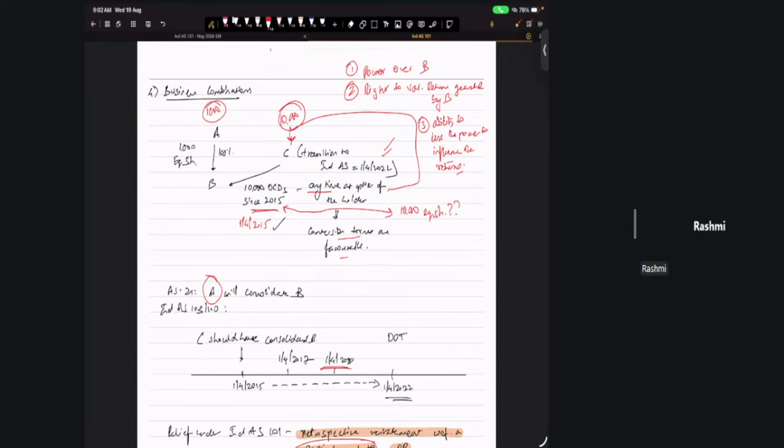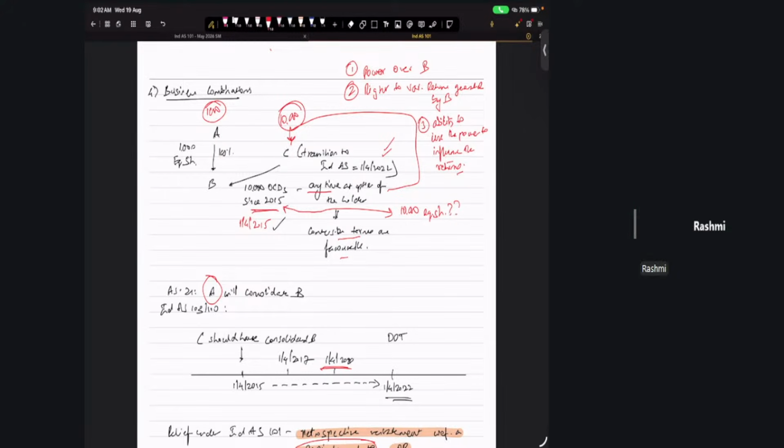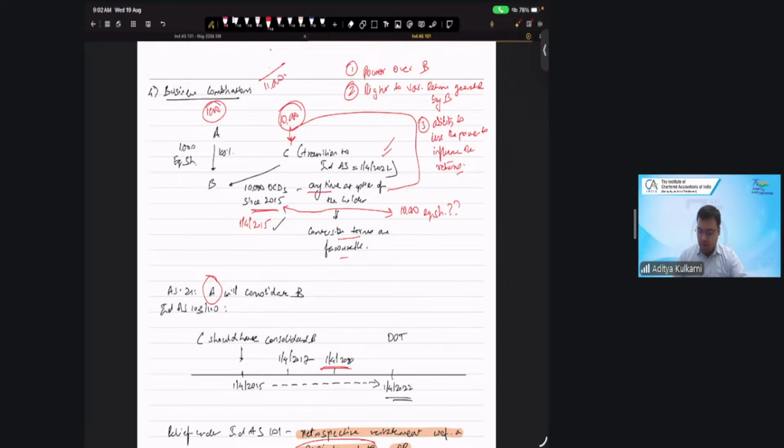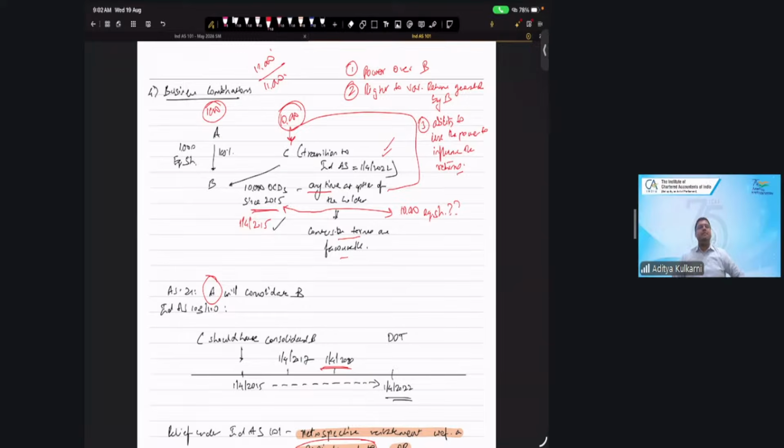In terms of holding of shares. So total shares is 11,000, out of that C will be holding 10,000. So almost 90-91% will be held by C over B.